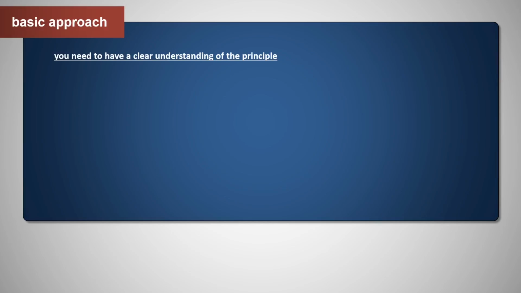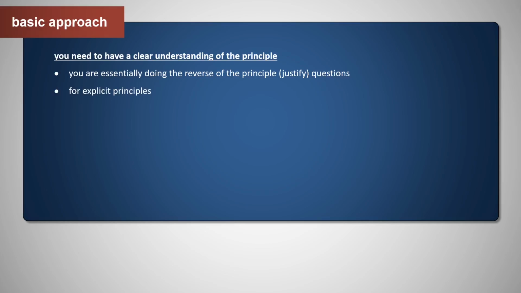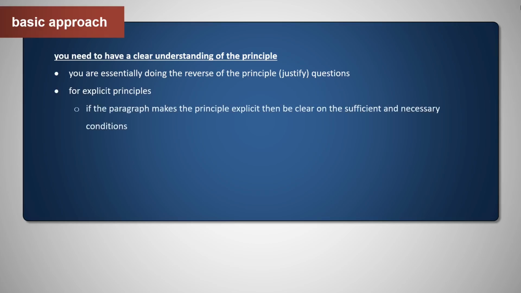In terms of the basic approach, you need to have a clear understanding of the principle. So that's the fundamental thing. You're essentially doing the reverse of the principle justify questions. So what you're doing is you're taking a principle and seeing if it applies to an answer choice. Now, for the explicit principles, if the paragraph makes the principle explicit, then you need to be clear on the sufficient and necessary conditions of that principle.